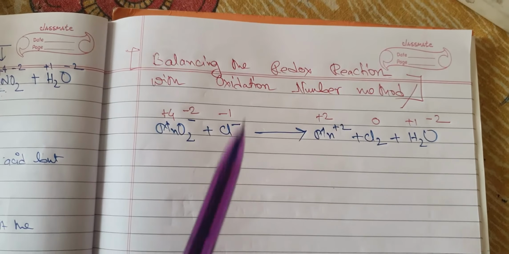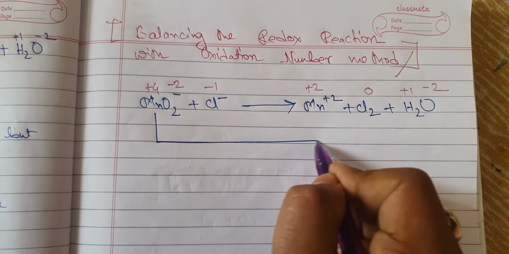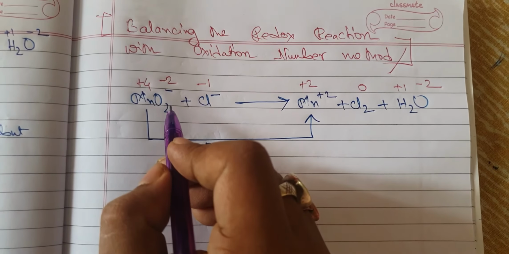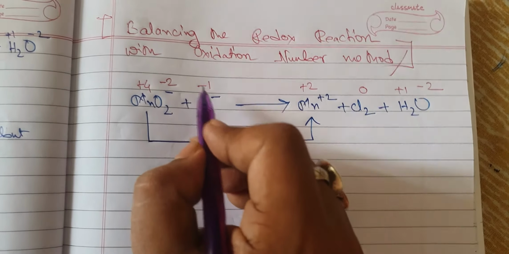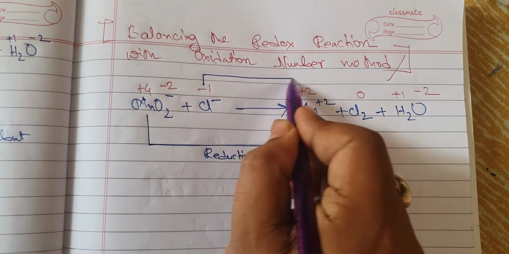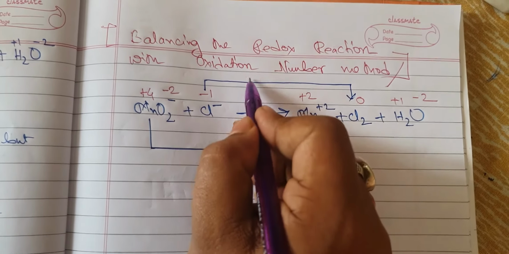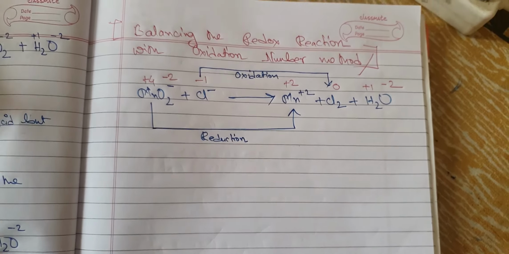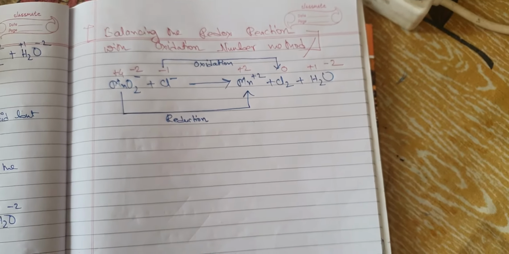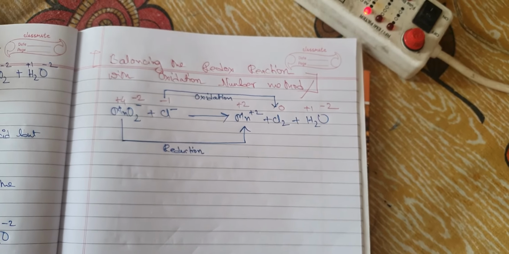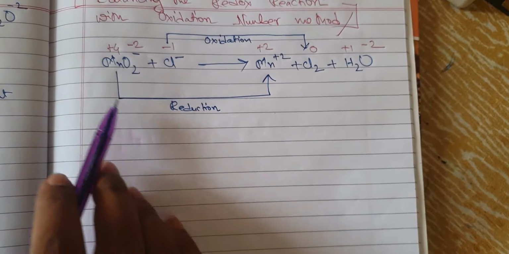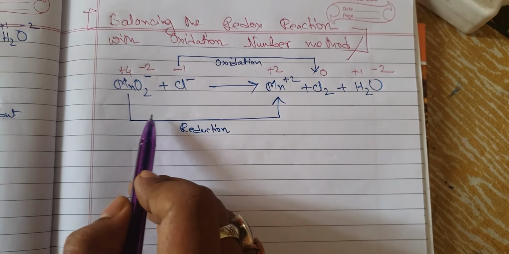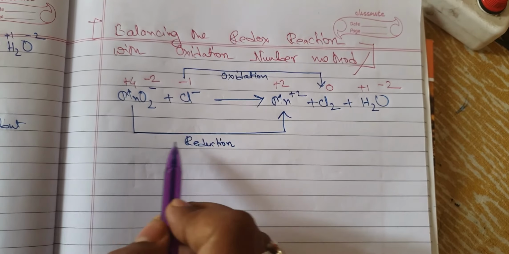Now plus 4 to plus 2 is reduction, and minus 1 to 0 is oxidation. You don't have to break it into oxidation half reaction or reduction half reaction. What you just need to do is use your brain a little bit and see first how many electrons are in the reduction step.